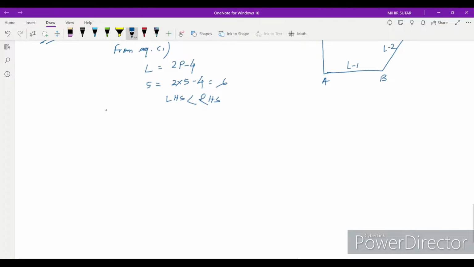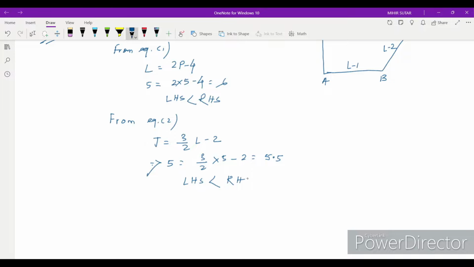Also testing equation 2. From equation 2 we can say that J is equal to 3 by 2 L minus 2. So we have 5 compared with 3 by 2 into 5 minus 2, which is equal to, I think, 5.5, right? So here also LHS is less than RHS.